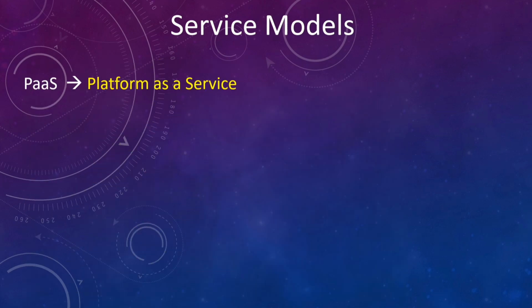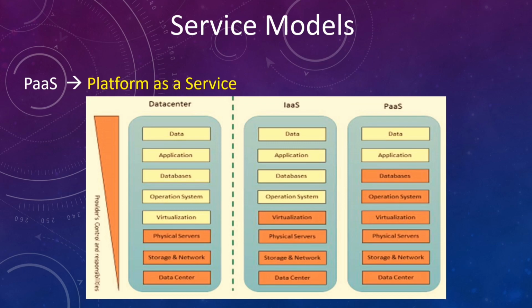Let's see platform as a service in detail. In platform as a service, data center, storage, networks, physical servers, virtualization, operating systems and databases will be taken care of by the cloud service provider.